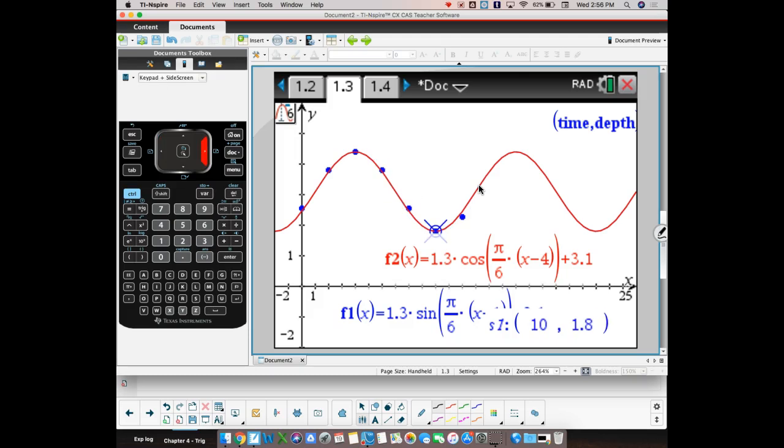Why does it skip over 9? Oh, because I'm on the wrong function. There you go. Now I'm on my blue function. 9, 1.97. Okay. 15, 4.23. Just like the function had. So you got 2 options there.